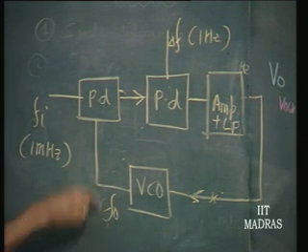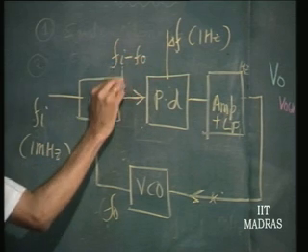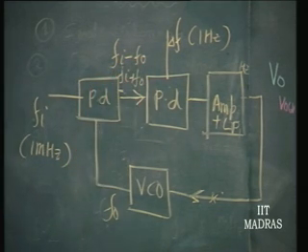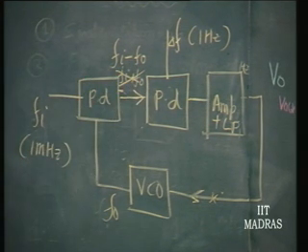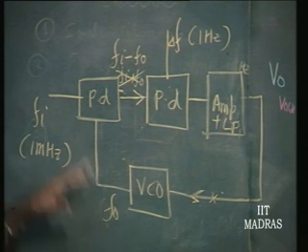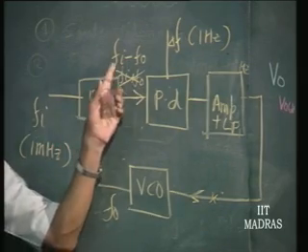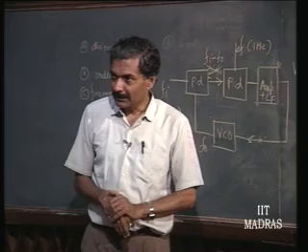If this is f naught, this is going to be f I minus f naught and f I plus f naught. Obviously, f I plus f naught is going to get eliminated, because that is a very high frequency, because f naught is going to be very close to f I. But f I minus f naught is a low frequency.